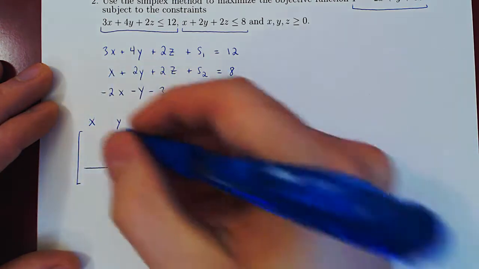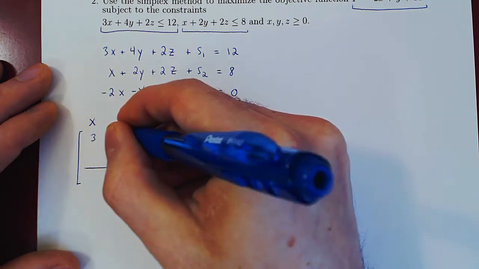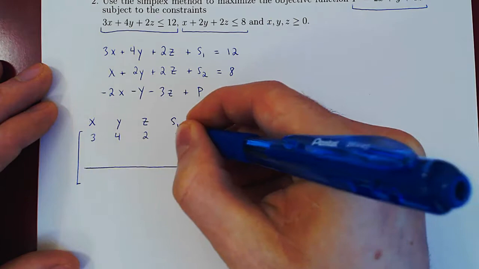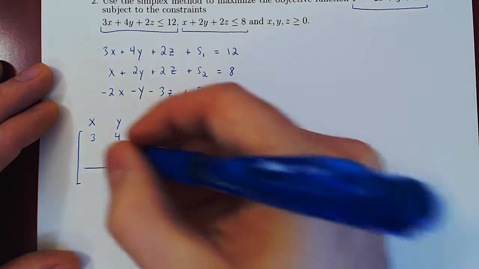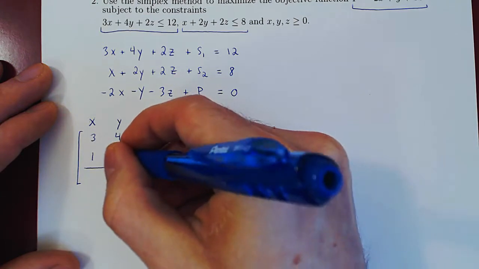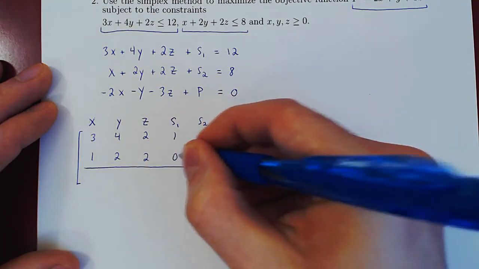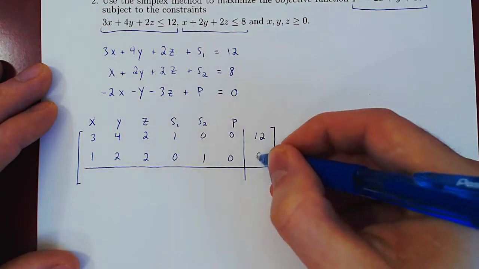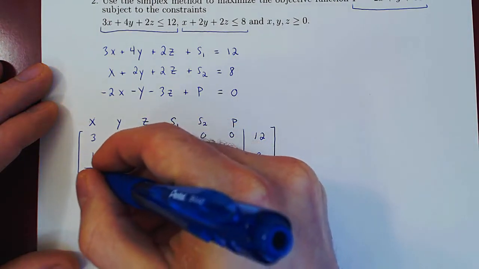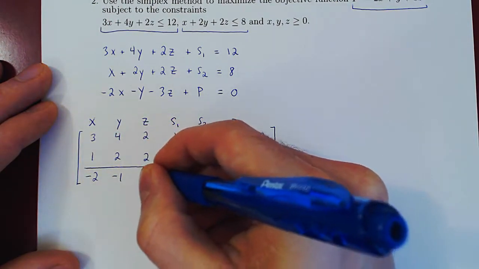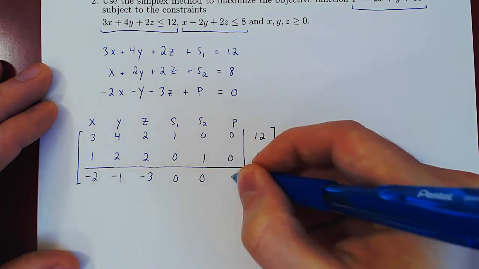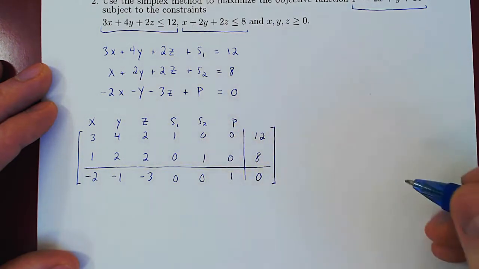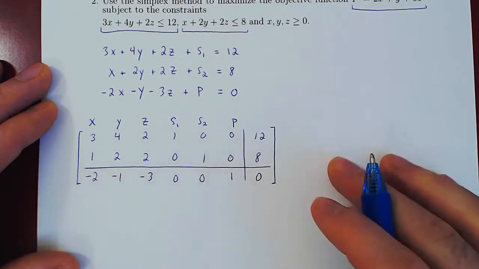So the first row becomes 3, 4, 2, 1, 0, 0, 12. Row 2, 1, 2, 2, 0, 1, 0, 8. And the third and final row, negative 2, negative 1, negative 3, 0, 0, 1, 0. So now we're good to go.